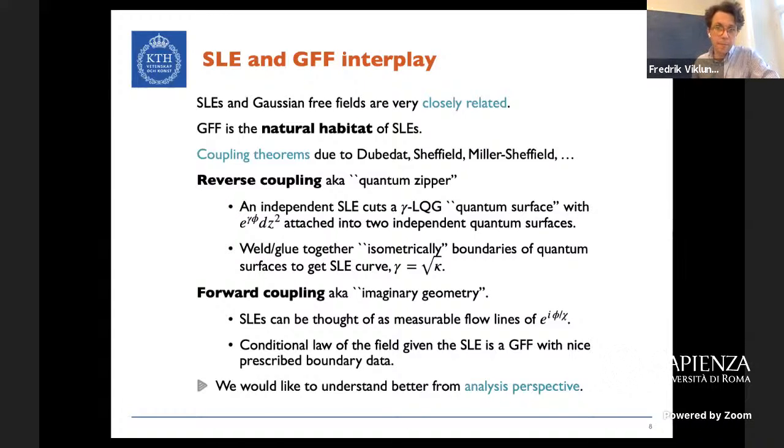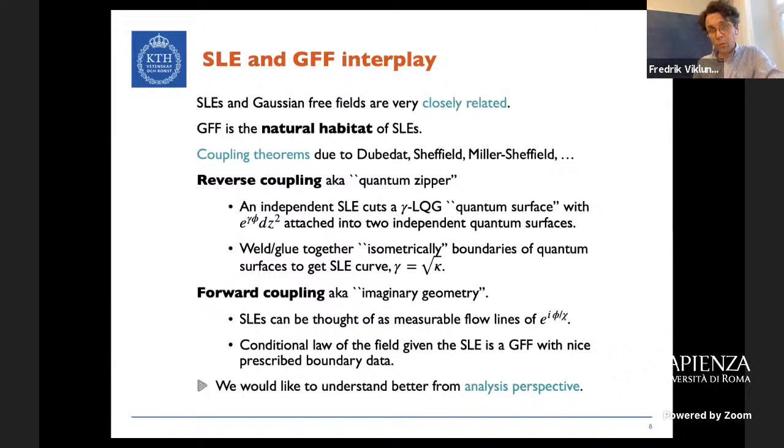So here somehow the idea is that you have what is called a quantum surface. That's basically a GFF with maybe some added log singularities that's living over some domain D, and you have also a Liouville quantum gravity measure attached to this domain, and there's a transformation law also when you switch coordinates in such a way that this attached measure somehow transforms nicely.